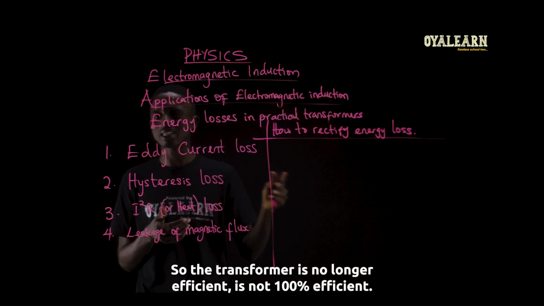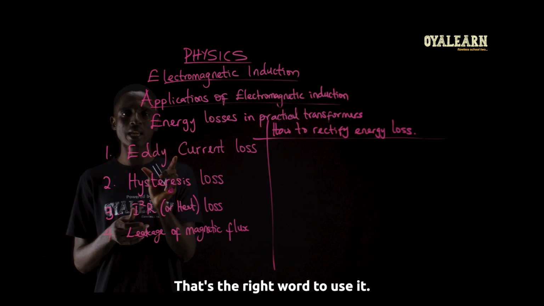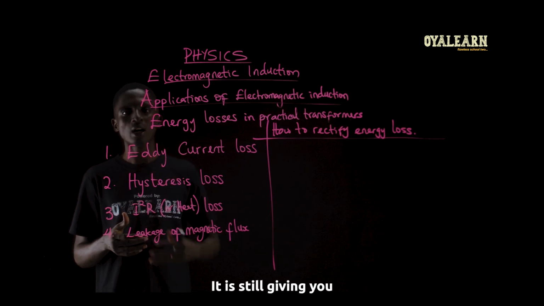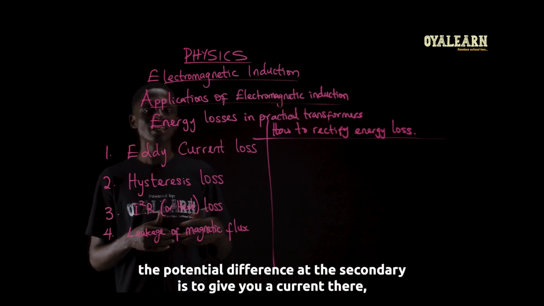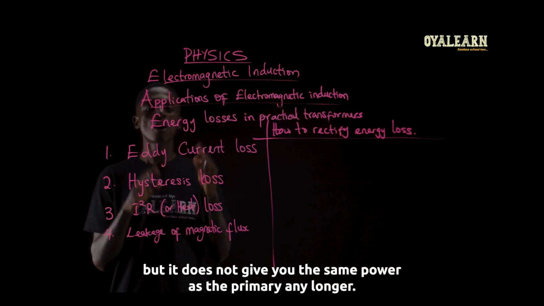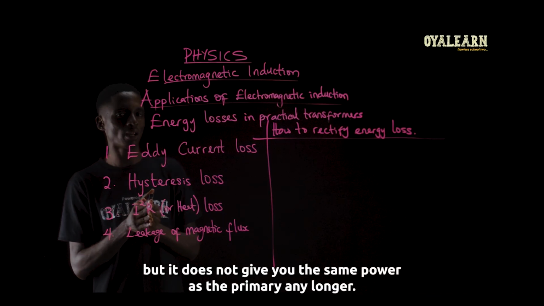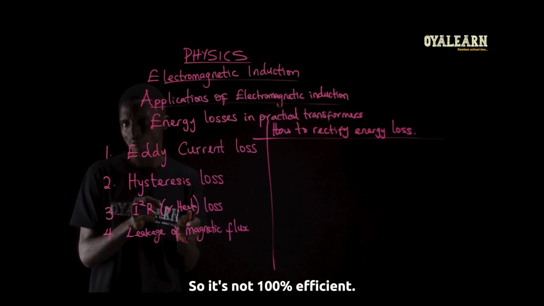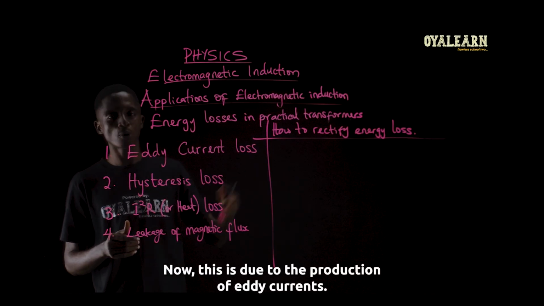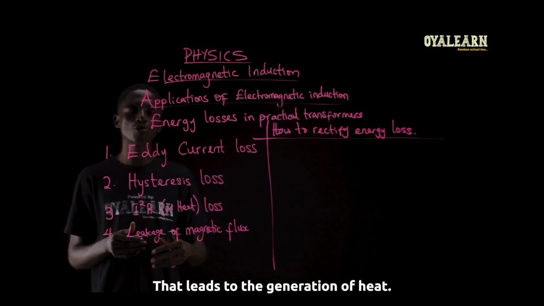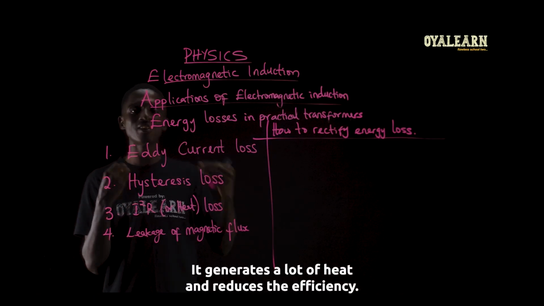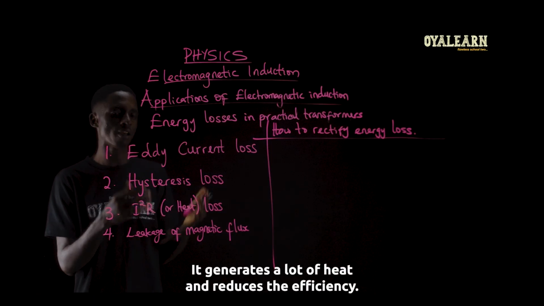It's not 100% efficient. That's the right word to use there. It is still giving you the potential difference at the secondary. It is still giving you current there, but it does not give you the same power as at the primary any longer. So it's not 100% efficient. Now, this is due to the production of eddy current that leads to the generation of a lot of heat and reduces the efficiency.